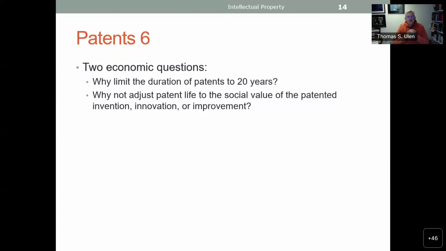And secondly, why don't we adjust the patent life to the social value of the patented innovation, invention, or improvement? If it's a minor invention, why don't we just protect it for a short time, 5 years?